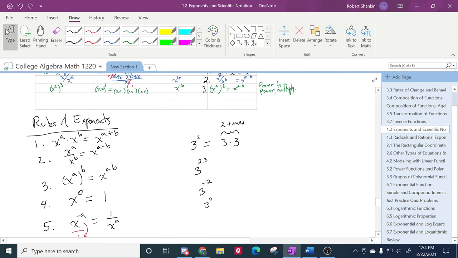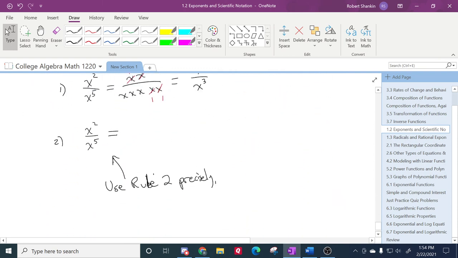If we're going to use it precisely, you have to put the base down once, put the upper exponent, a subtraction sign, and then the lower exponent. So we write the base down, x, the upper exponent minus the lower exponent. When we do this, we get x to the negative 3. 2 minus 5 is negative 3.